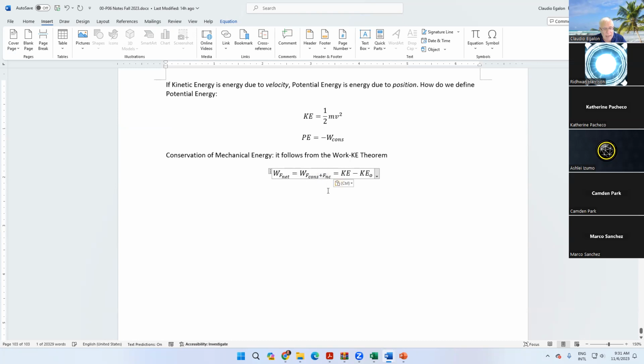I'm going to simplify the notation now, so you don't keep on carrying too much stuff. And instead of writing work of the net force, I'm just going to write the work of the net. It's understood that's the work of the net force. Okay?